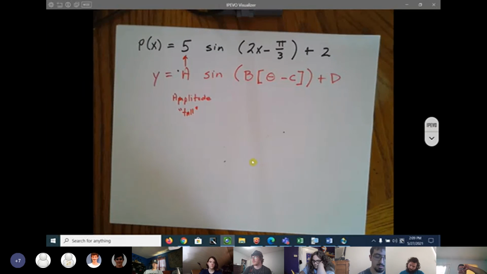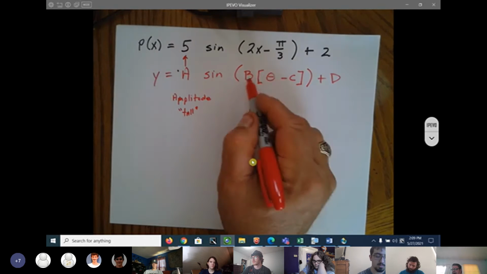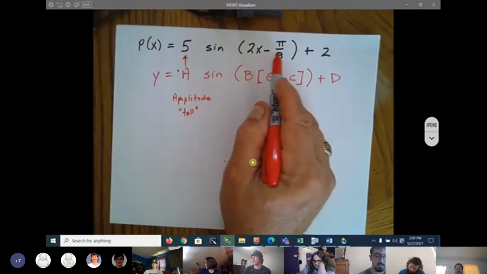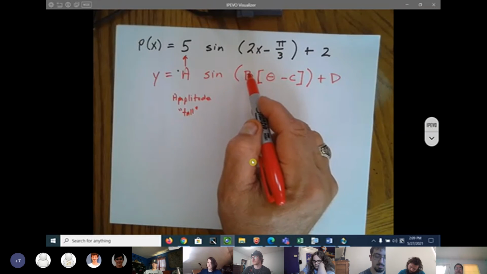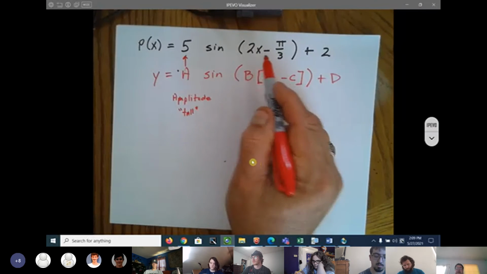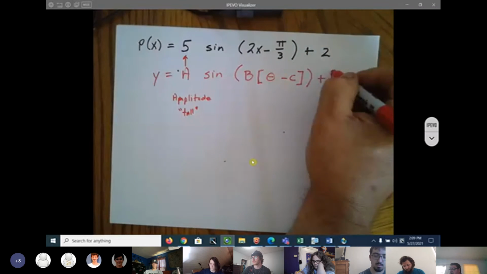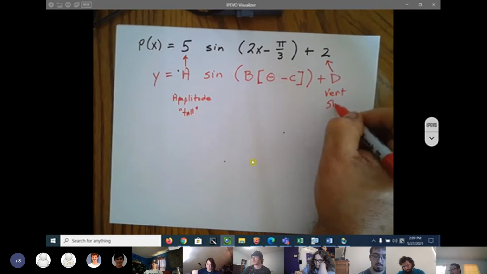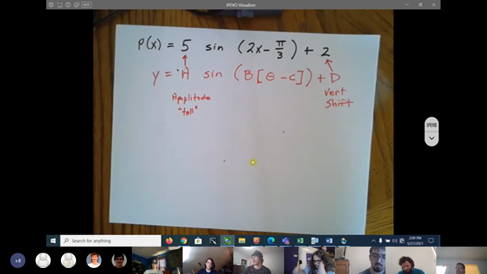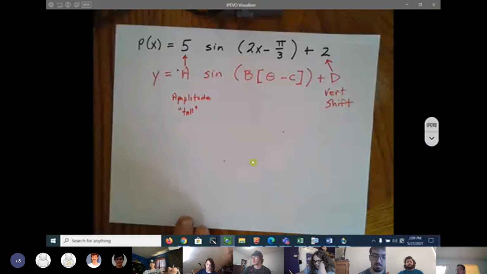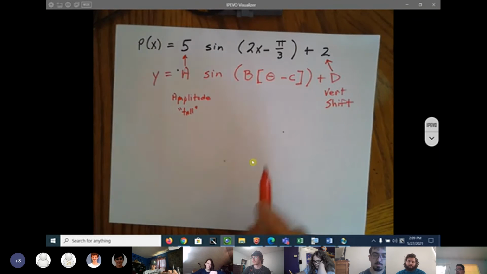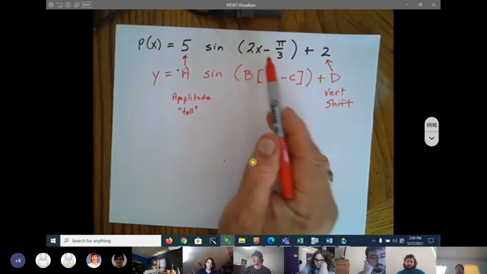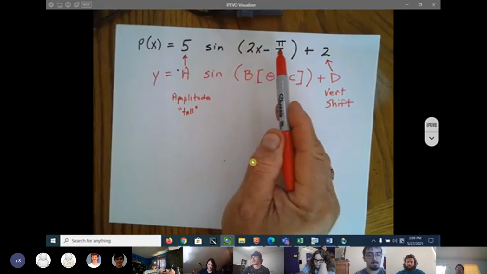How tall it is. B we haven't got because we got to factor something out right here to get B. So we haven't done this yet. And D, that's your vertical shift.